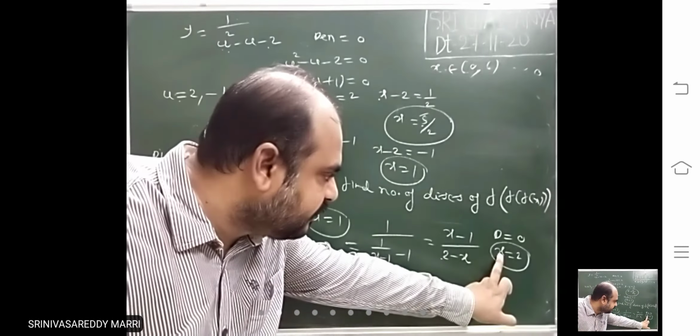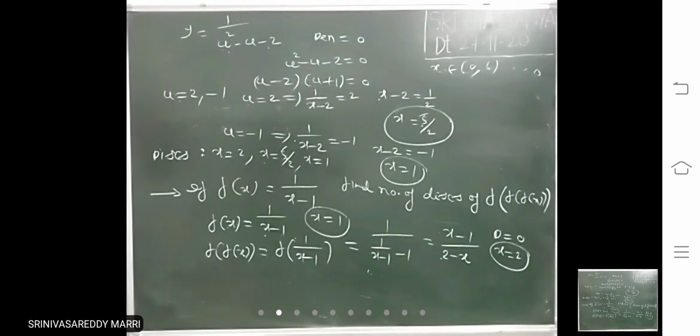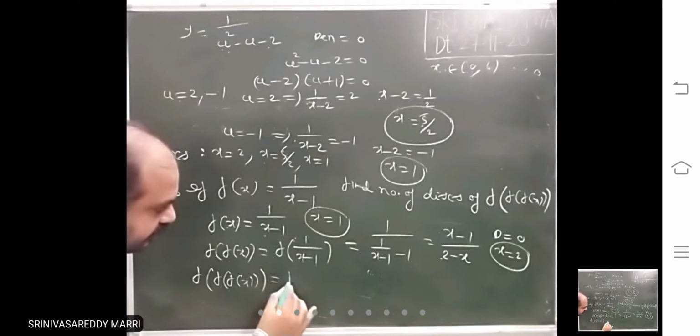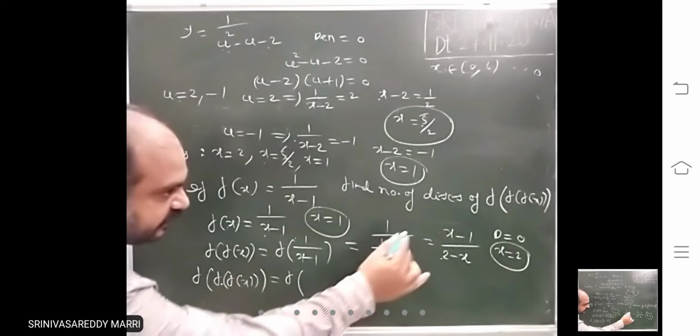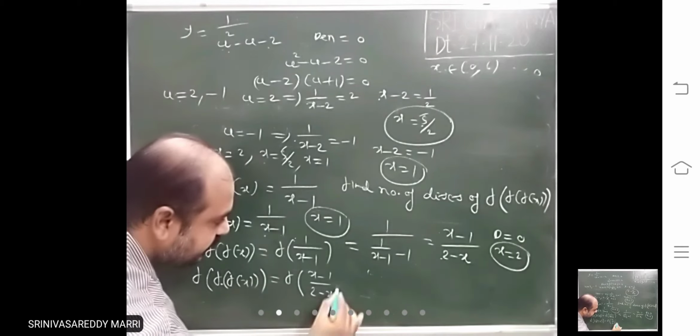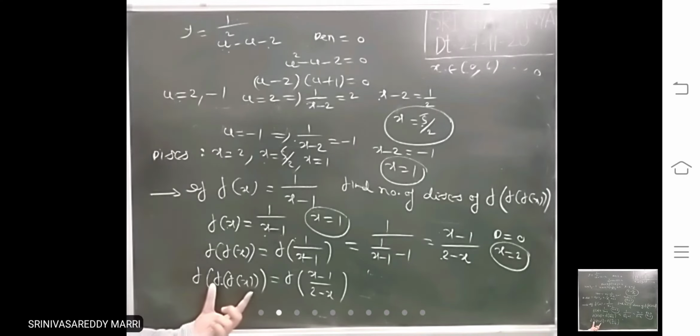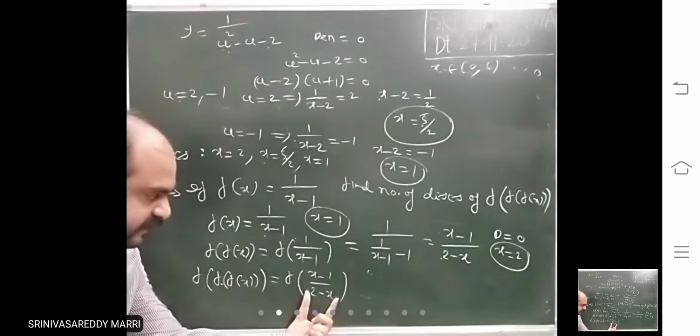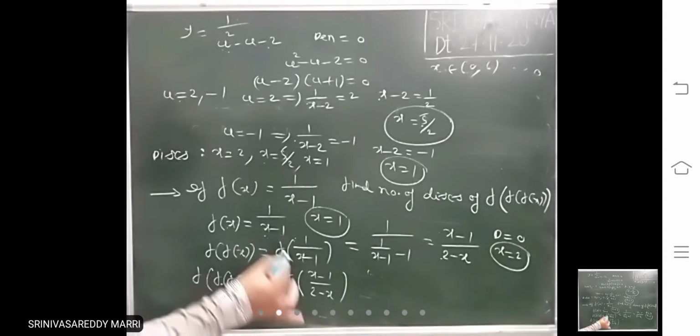Therefore, another discontinuity is x equal to 2. Next, add one more function. We have calculated f of f of x: x minus 1 divided by 2 minus x. Now f of this means in place of x you substitute this.